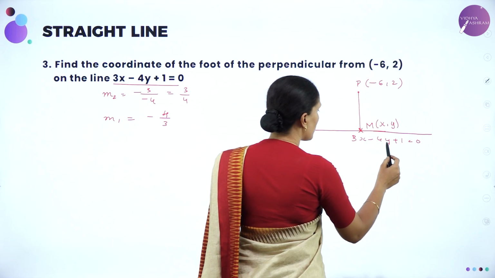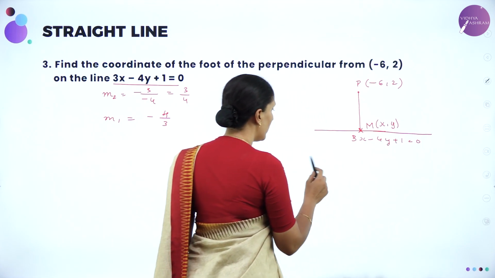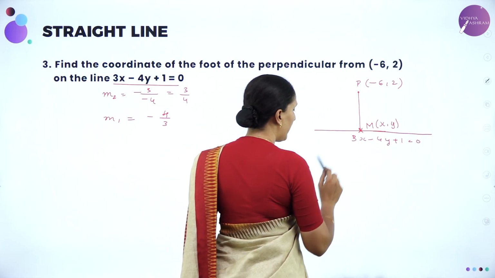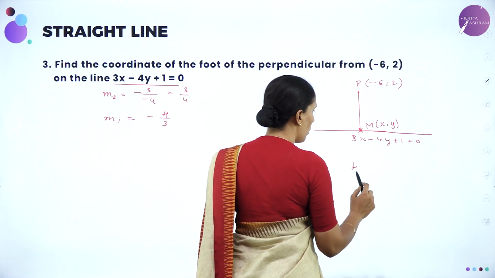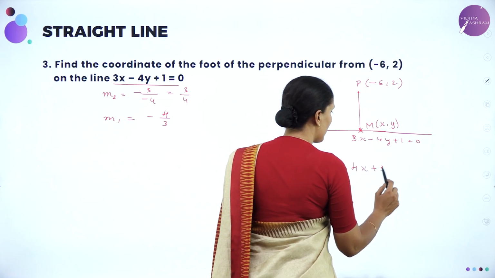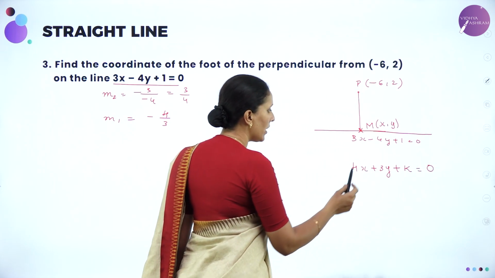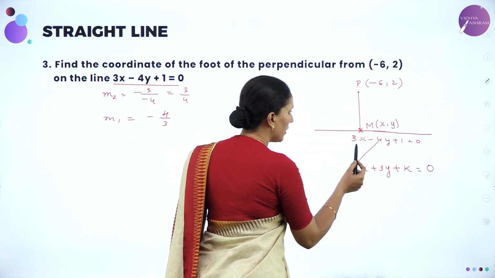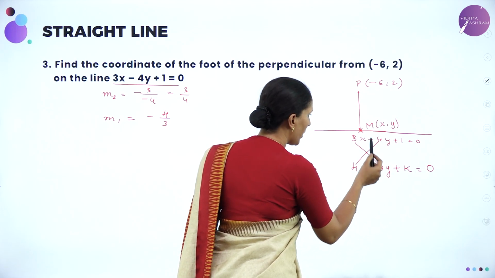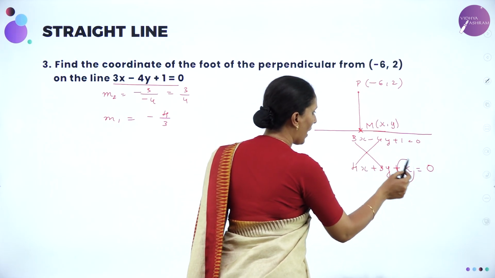If 3x minus 4y plus 1 is equal to 0, then any line perpendicular to this line will have 4x plus 3y plus k is equal to 0. So thus, interchanging the coefficients and also changing the sign, the constant value will be different.